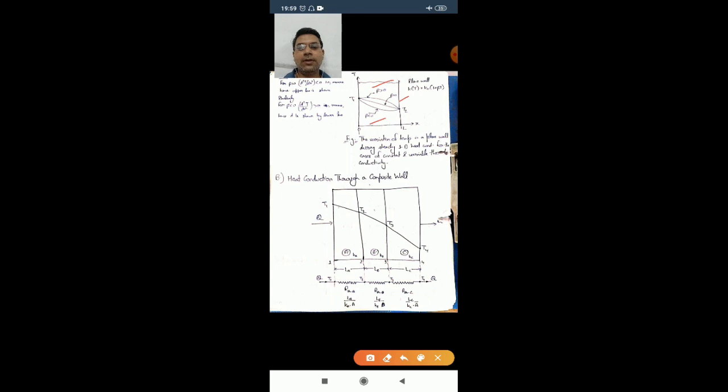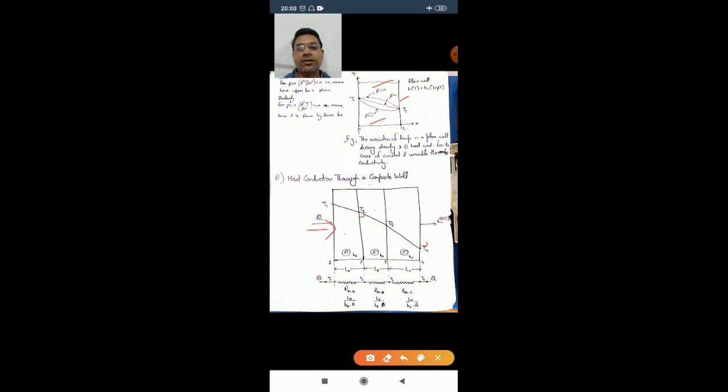Okay. Now moving towards the second, till now we have studied heat conduction along a plane wall. Now moving towards the composite wall. This is a general diagram of heat conduction. From here you can see that heat is being transferred normal to the surface, and temperatures T1, T2, T3, T4 are at the surfaces and the junctions respectively.